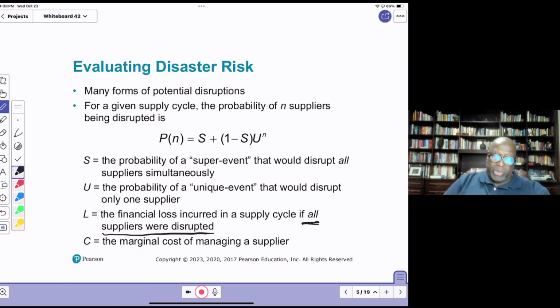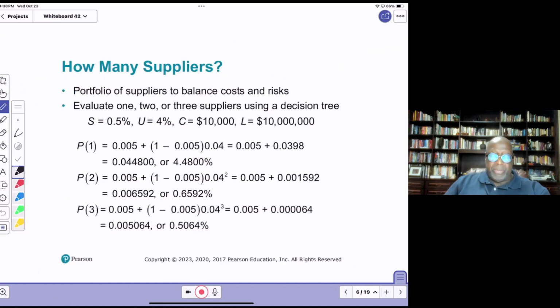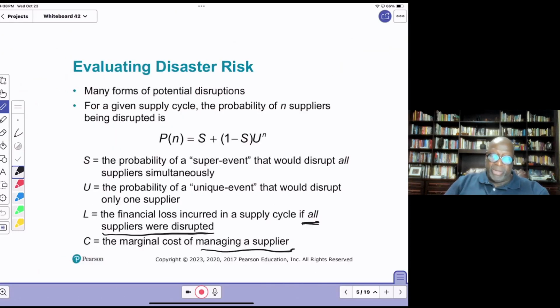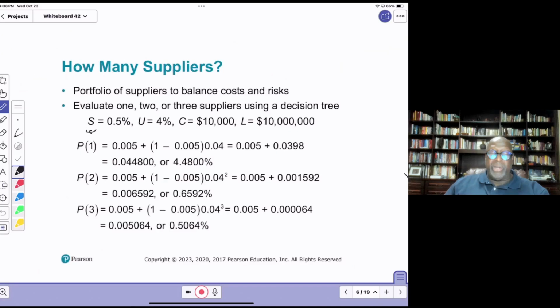All right. C is the marginal cost of managing a supplier. Here we go. So you have a portfolio of suppliers and you want to balance your cost and your risk. So evaluate 1, 2, or 3 suppliers using a decision tree structure. Keep in mind that S, which is the probability that we said of a super event during the supply cycle, is 0.05%, and U, the probability of a unique event, is 4%.